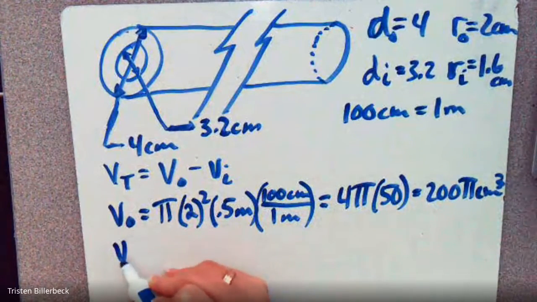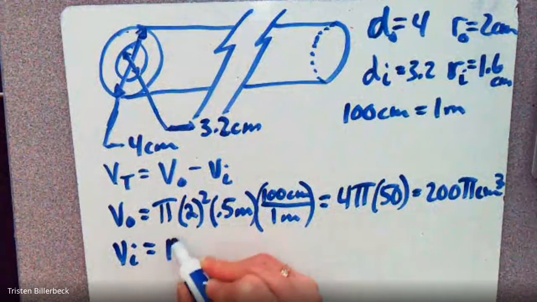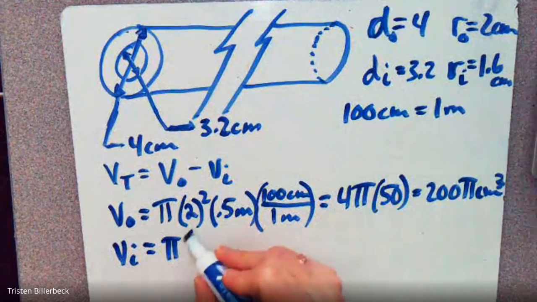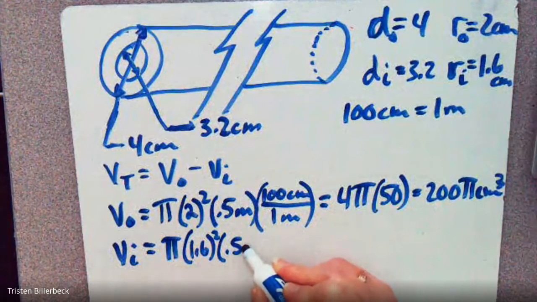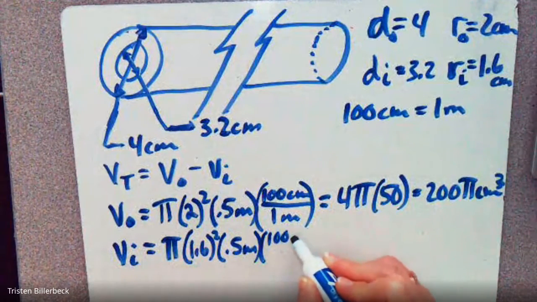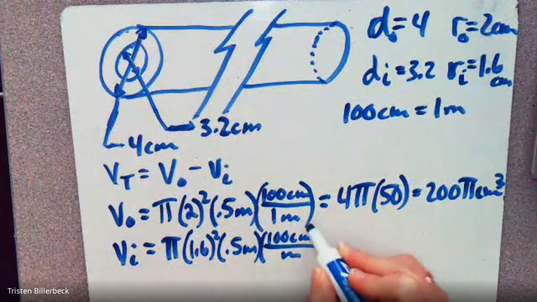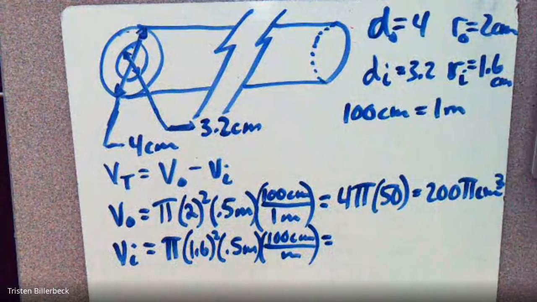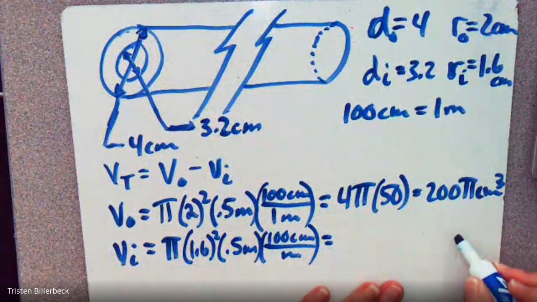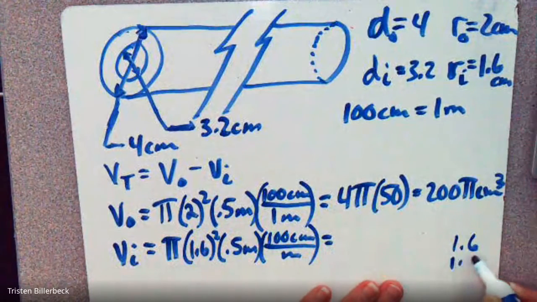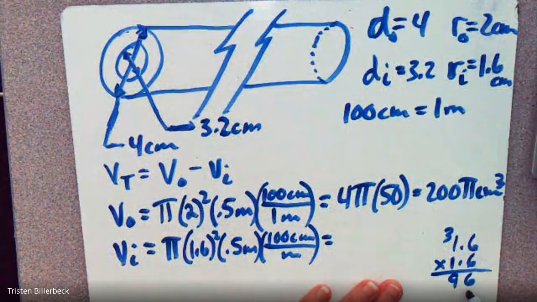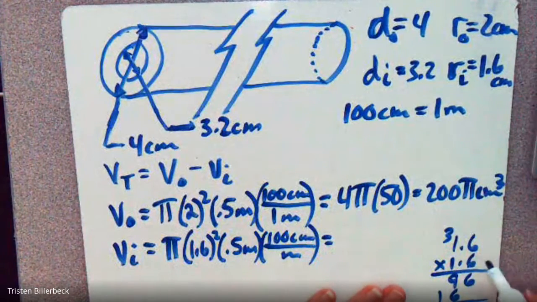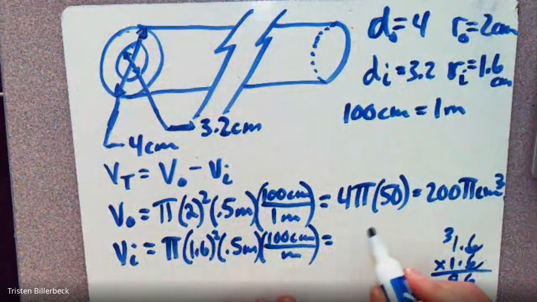And now let's do volume inner. So that's pi times the radius, 1.6 squared, times 0.5 meters, and then we use the conversion again. Okay, so 1.6 squared, let's do that fast. So 36, and then 9, and then 6, 1. So we have 6, 5, 256. Move the decimal 2 spots, so 2.56.